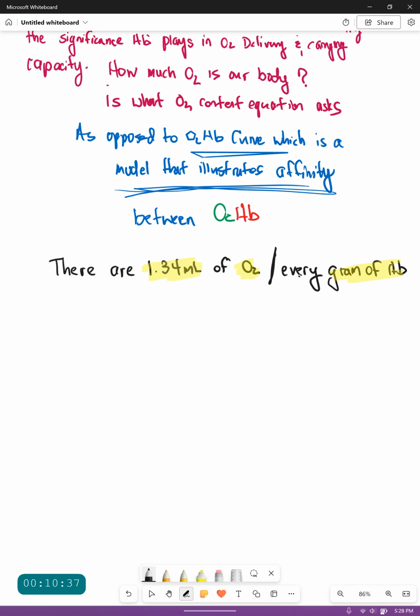Very important. That can be expressed as 1.34 mLs per gram of hemoglobin.